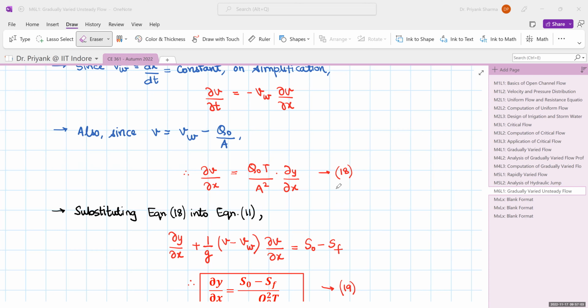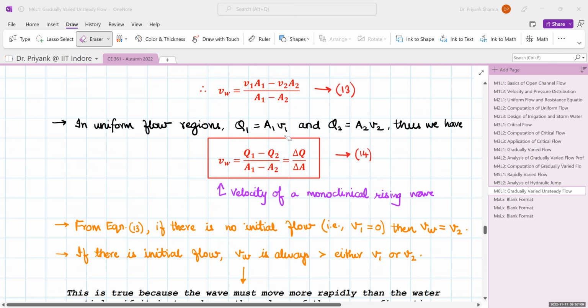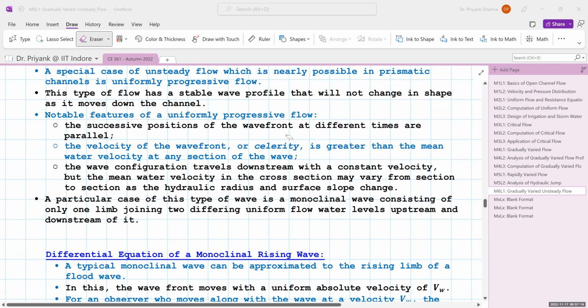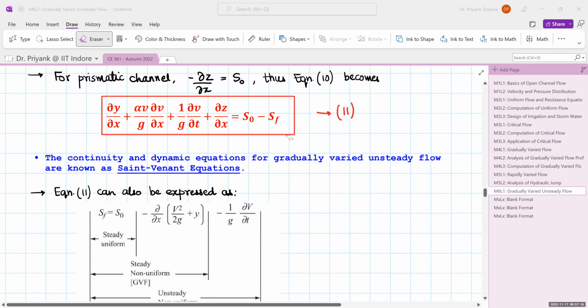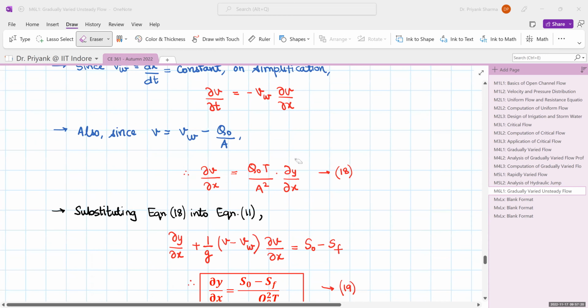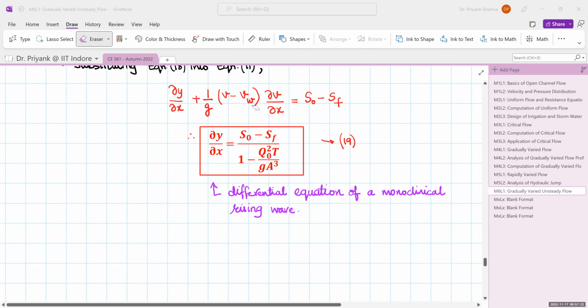So if we substitute this equation 18 into equation 11, so equation 11 is this equation. Let us substitute equation 18 into equation 11, and you get del y by del x plus 1 by g (V minus V_w) del V by del x equal to S naught minus S_f. So this is the change that is being made.